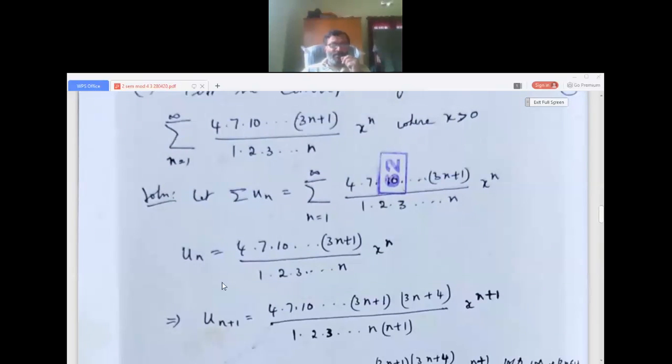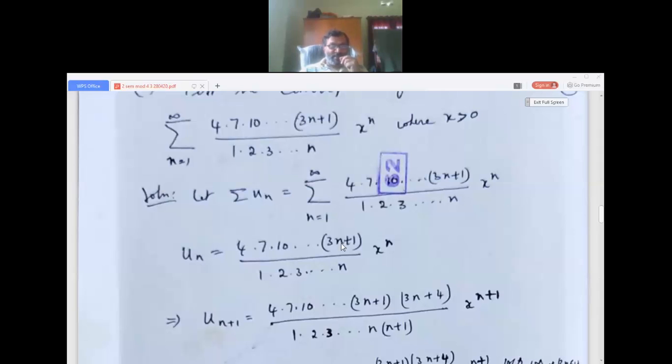Then we are solving here using D'Alembert's ratio test. So we write un plus 1. So un plus 1 will be equal to 4 into 7 into 10 goes on till 3n plus 1 into 3n plus 4 divided by 1 into 2 into 3 till n into n plus 1, because after this term you want the n plus 1th term, so replace n by n plus 1.